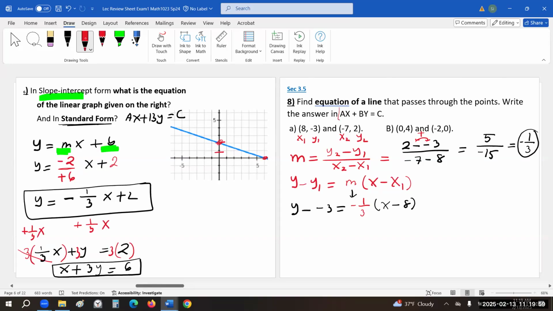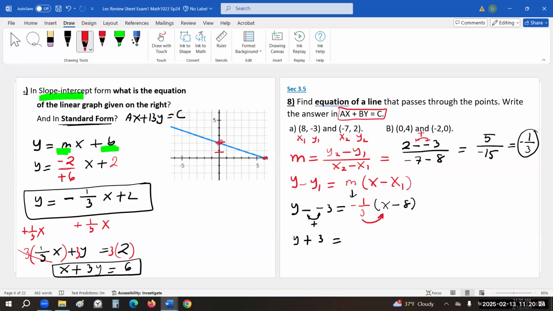Now they want us to write in standard form. That means bring x and y to one another, no fraction, no negative x. So we have double negative, so we get y plus 3. And what do we do on the other side? Distribute.